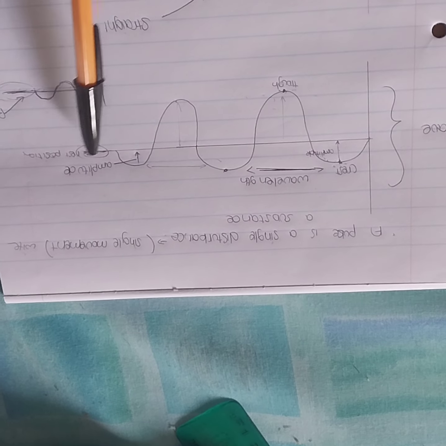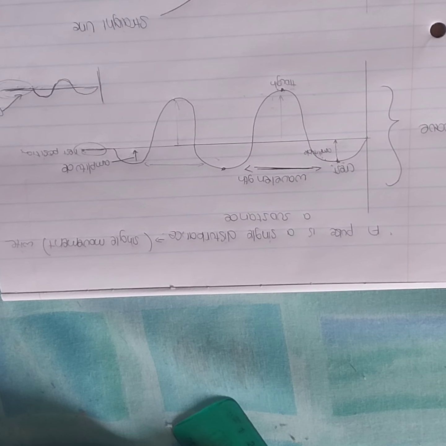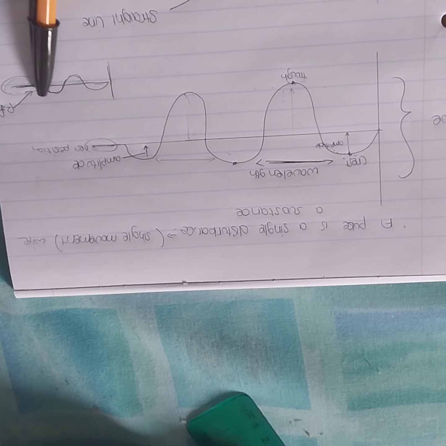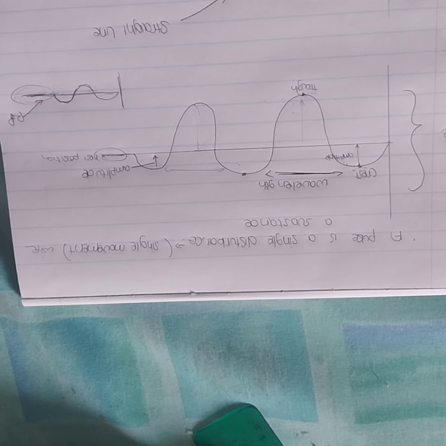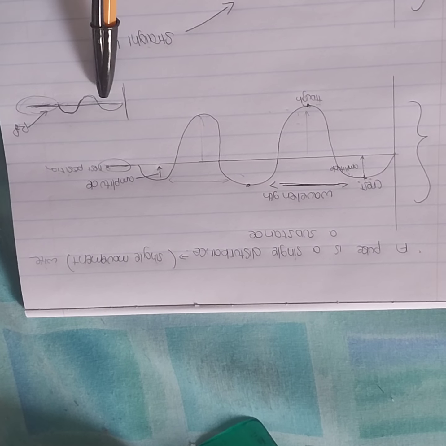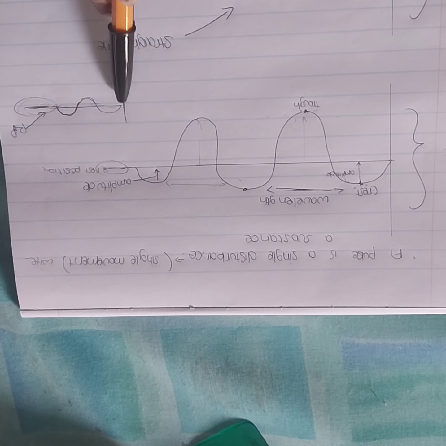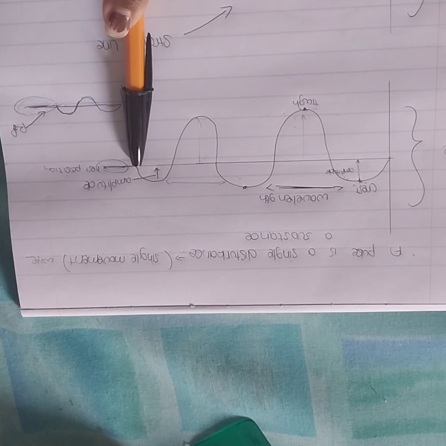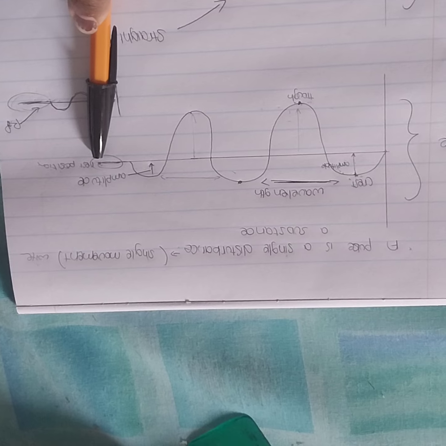What else? Over here, yes, rest position. Rest position is where there is no wave passing through. I even drew a small diagram over here for RP. I shortened it myself for you to understand, because there's no space to write it here. It's rest position, or another word for rest position in physics is equilibrium. So if this is where the pulse stops, then the rest of this line is called the rest position.